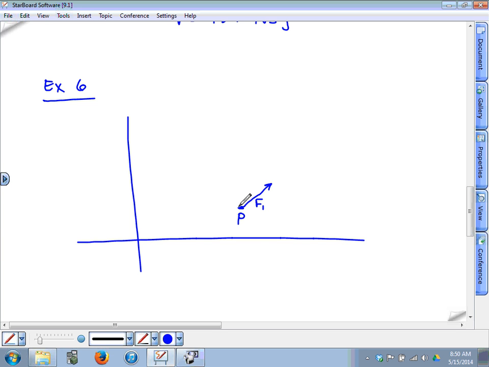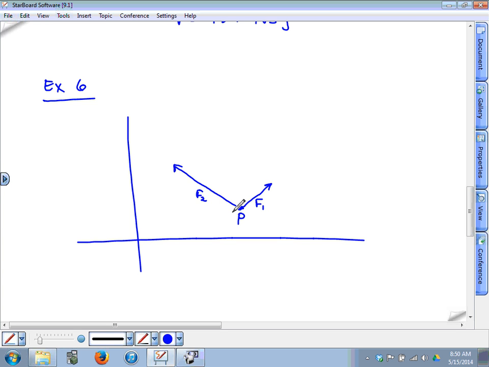We have a second force acting on point P. Straight line. Let's call that F2. So we have two forces acting on point P that are moving away from point P. So it's going to move point P. What we have to figure out is how does it move it?